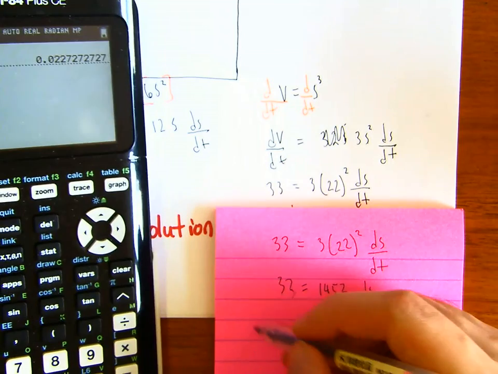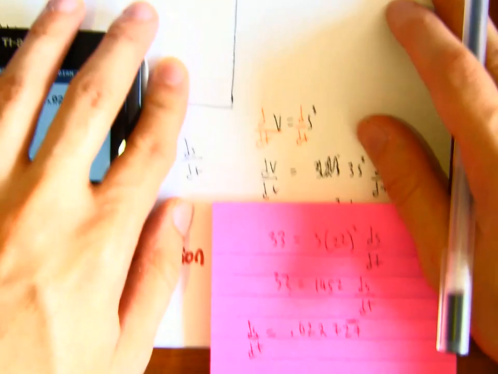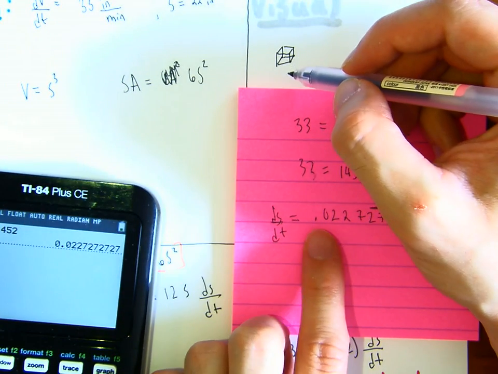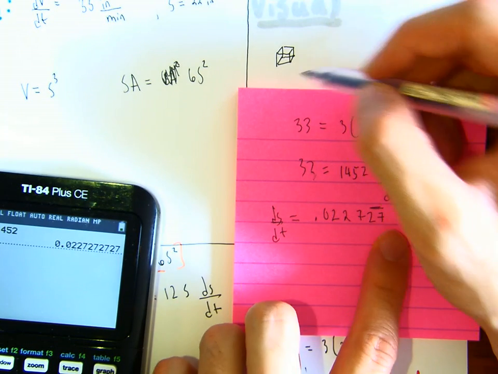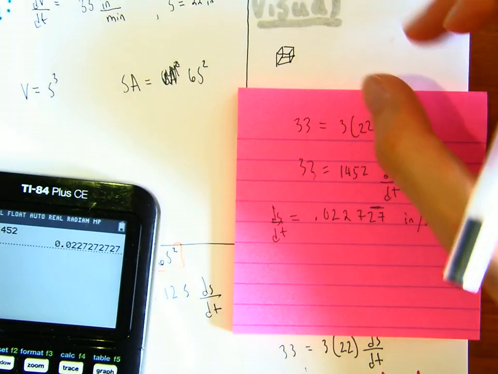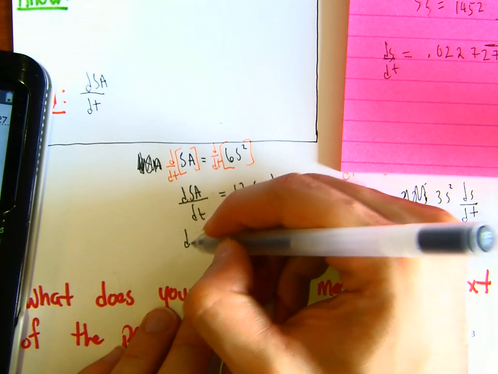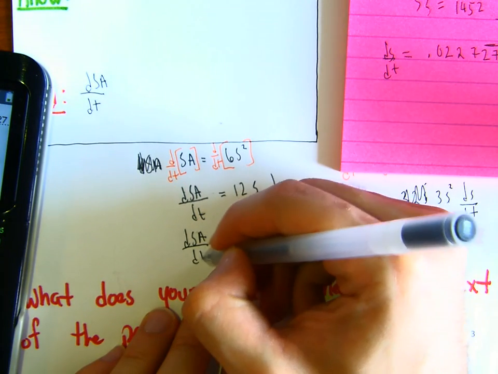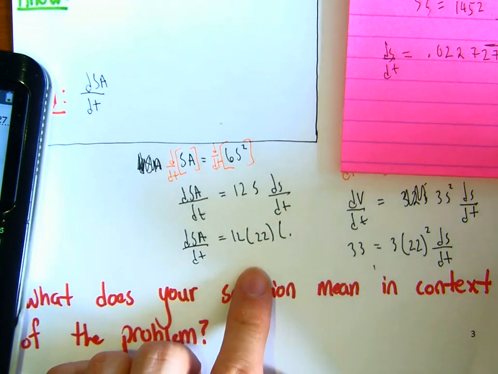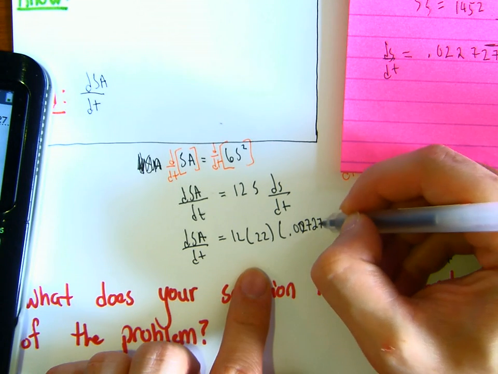Okay, now what does this ds/dt mean? This ds/dt means that every second the side of the cube is increasing by 0.022727 inches per second. Now that we know this ds/dt, we could plug it in over here. So we have dSA/dt equals 12 times, what is our s value? 22 times this 0.022727, right?